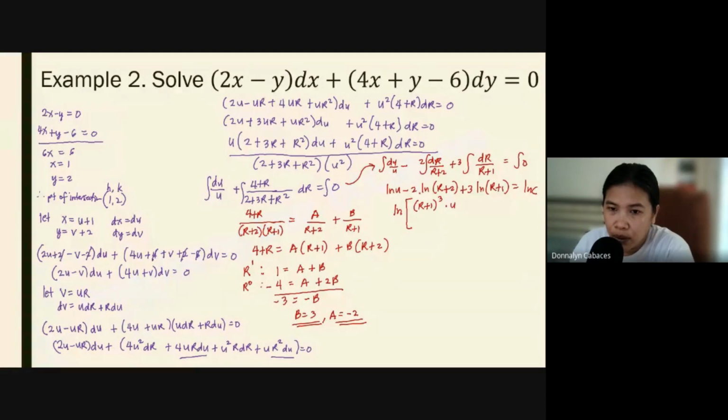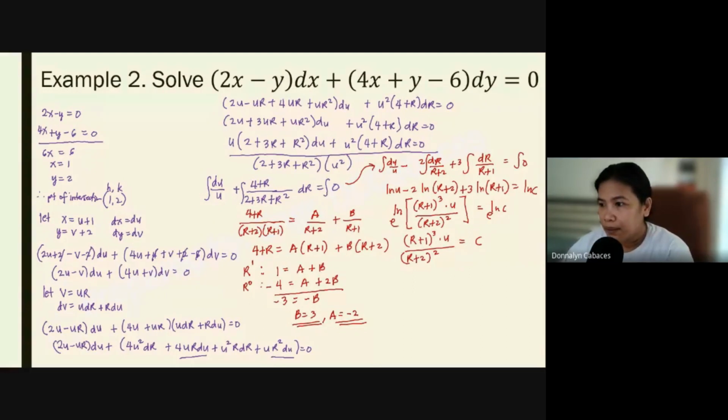And this is r plus 2 squared, negative, so quotient. r plus 2 squared is equal to ln of c. Then we take base e of both sides. And we now have r plus 1 cube times u over r plus 2 squared is equal to c.